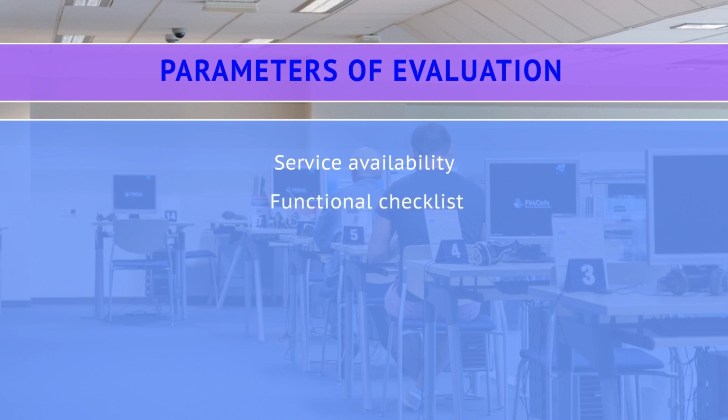Functional checklist: whether they are claiming that these functions are available, and whether they are actually functional or not, that we need to check through a checklist. Data conversion and backup utility: if you are trying to move from one software to another, data conversion is a very important thing. And in future also, no software is permanent. In future also you need to switch over from one software to another.